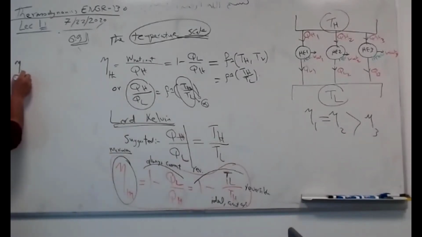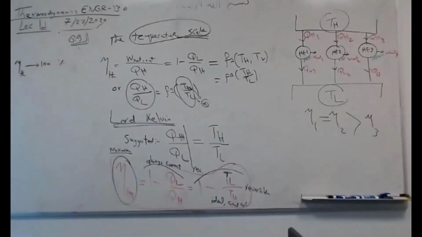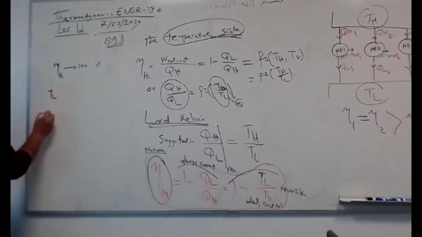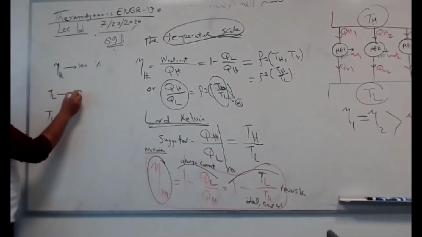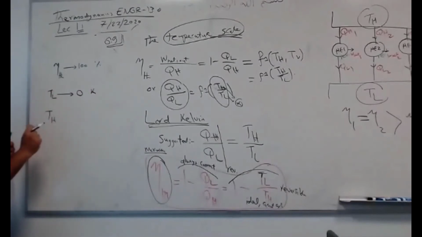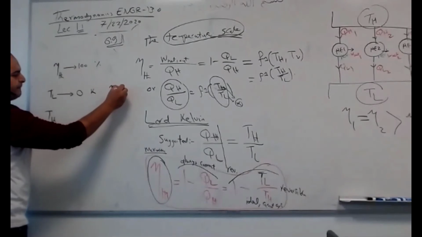Eta thermal, I want it to be 100%. In this one, you have T low and T high. I want T low to be what? If I have 0 Kelvin, I have exactly 100% efficiency.